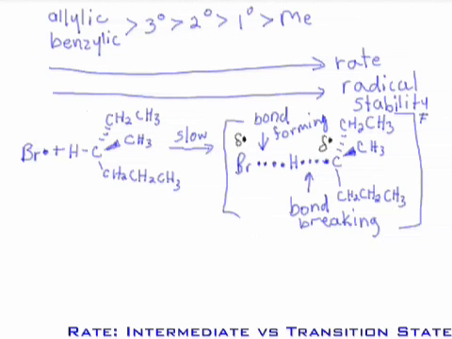What will happen next, after the transition state, of course, is you get HBr. And you get your trigonal planar radical.